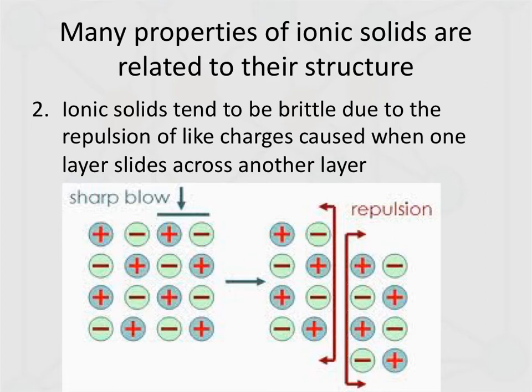But with ionics, when you make it slide past one another, you go from this very stable positive, negative, to now you have like charges, so positive, positive, negative, negative, positive, positive, that are repelling each other. Because they repel each other, it breaks apart really easy. So that's why it's brittle.